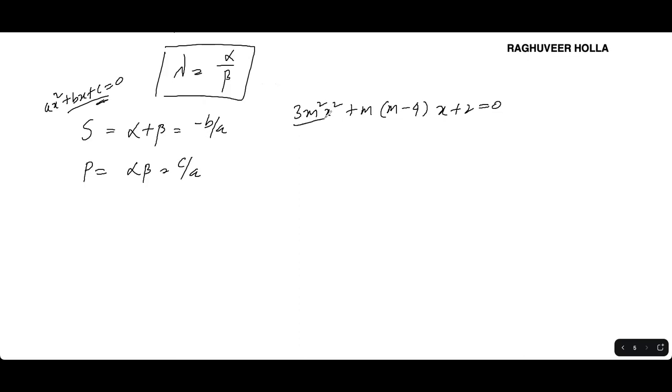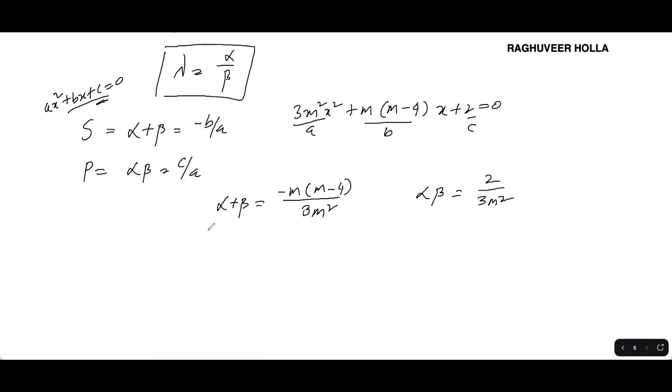So you can find here this as a, this as b, and this as the constant c. So alpha plus beta is equal to minus of m into (m minus 4) divided by 3m square, and alpha into beta, that is the product, is 2 by 3m square, right?